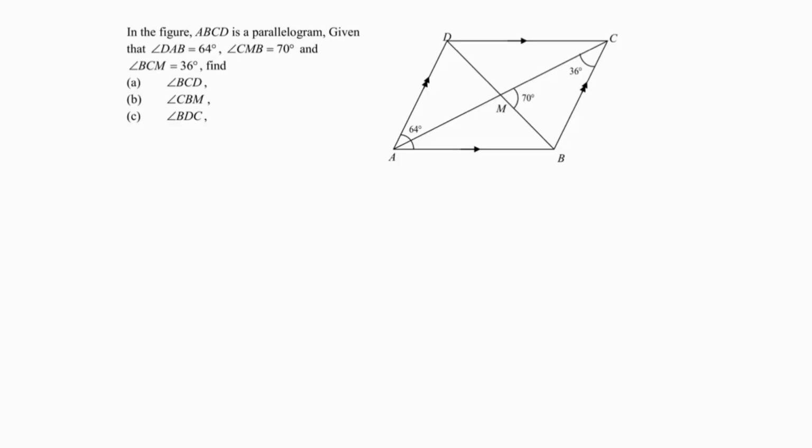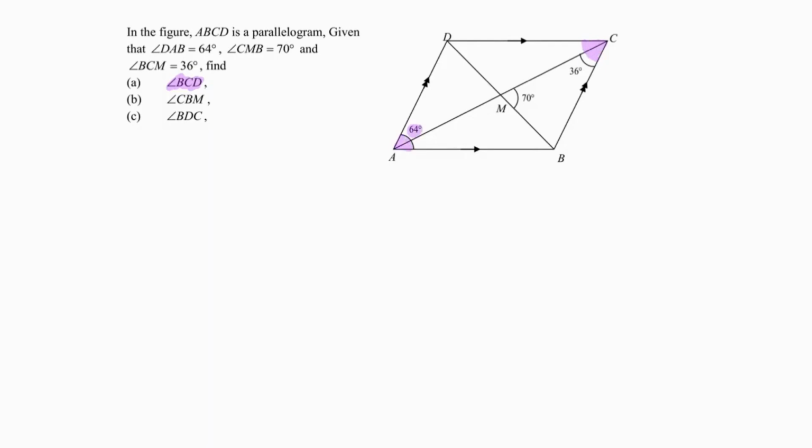Hello everyone, welcome to this math problem where we are given a parallelogram and we are also given some angles. Find BCD. Okay, angle BCD is here, this whole thing. And what do I see?